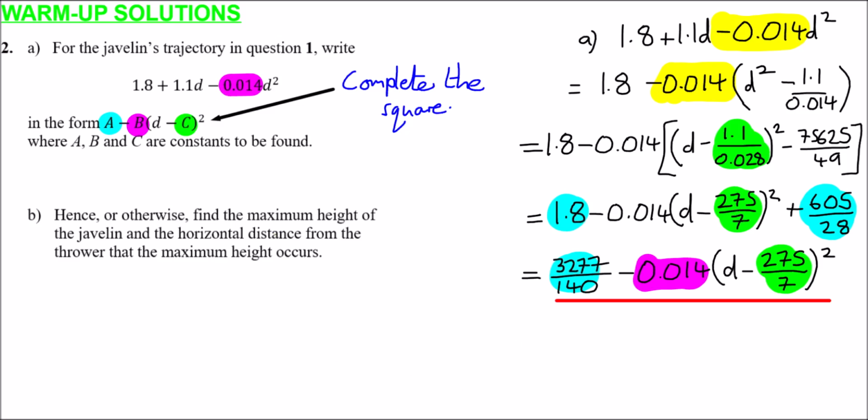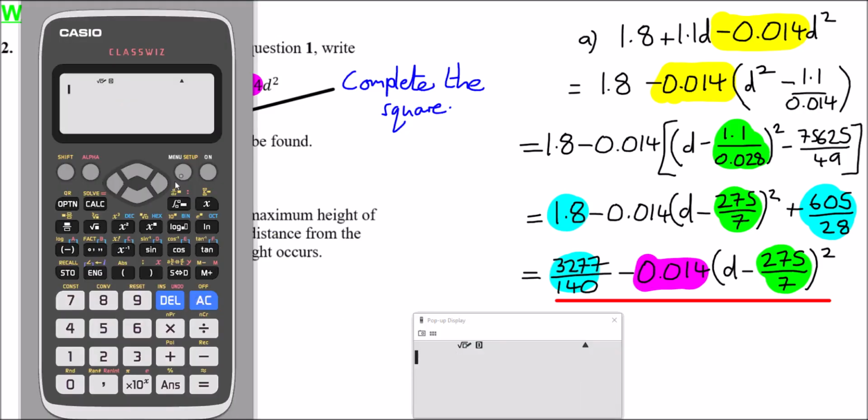So to do that on the ClassWiz, we go menu, equation / function, polynomial, degree 2, just like we did before. We type in exactly what we typed in before, so minus 0.014, 1.1, and then 1.8.